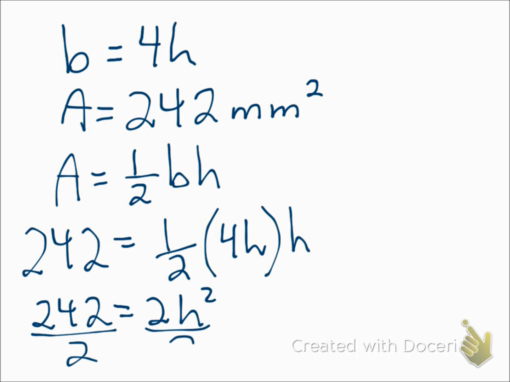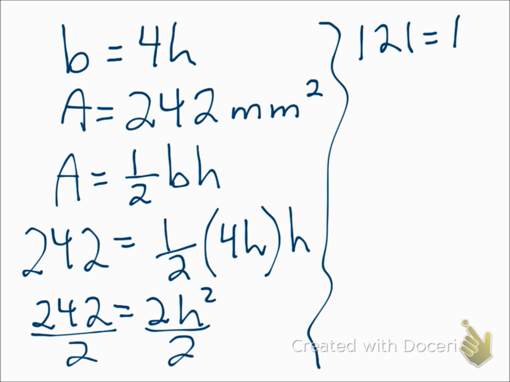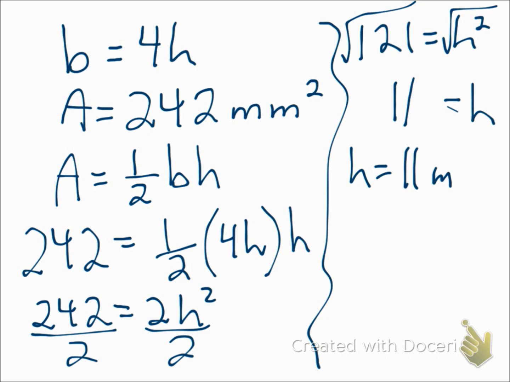Divide both sides by 2. And h squared is 121. Square root each side, and h is 11. So the height is 11 millimeters.